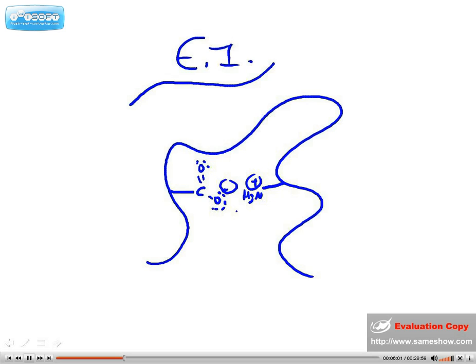Again, opposite charges attract. And we call this by several names. One name is a salt bridge, because it's opposite charges attraction between different parts of the polypeptide, aka protein, depending on how many amino acids it is. So opposite charge attraction, and then they're linked together like in a bridge. So this is a salt bridge.